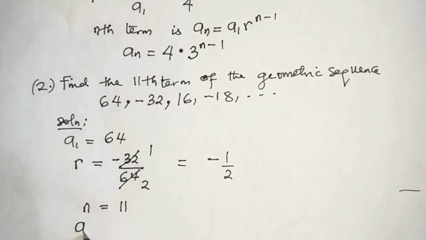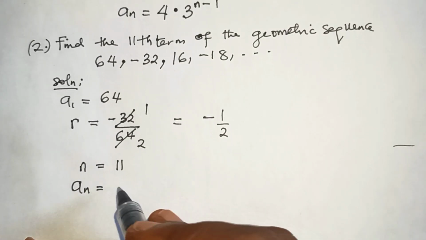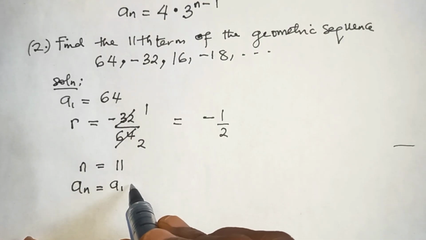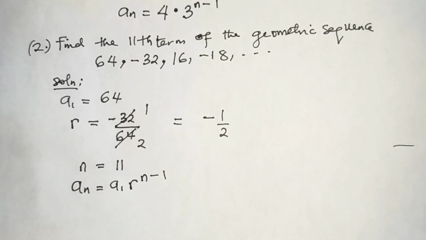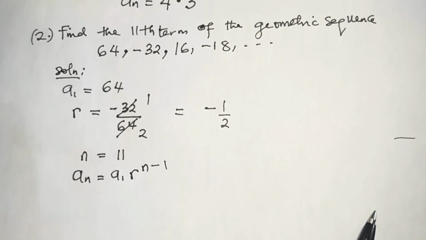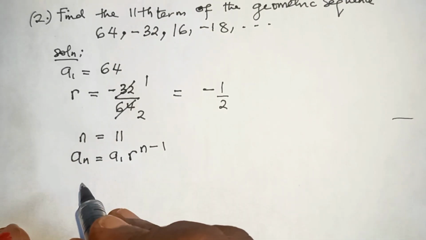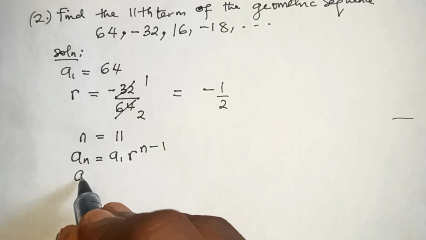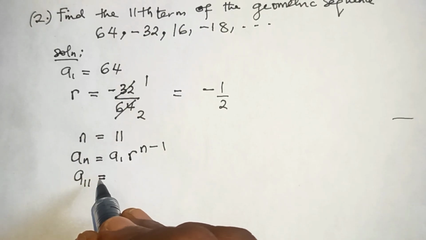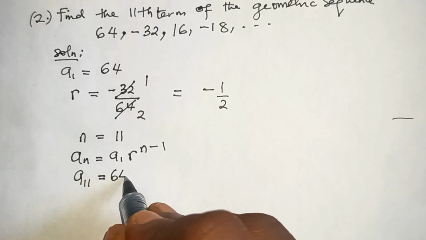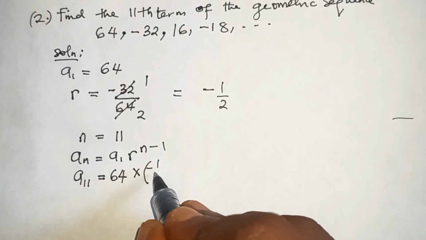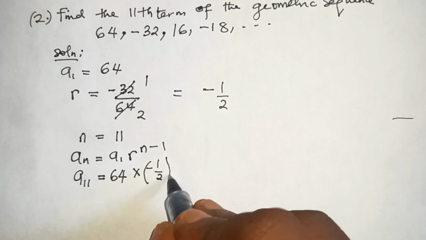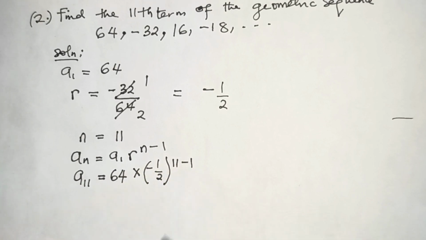So a_n is equal to a1 multiplied by r raised to power n minus 1. So if we substitute the values, we will have a11 is equal to 64 times minus 1 over 2 raised to power 11 minus 1.